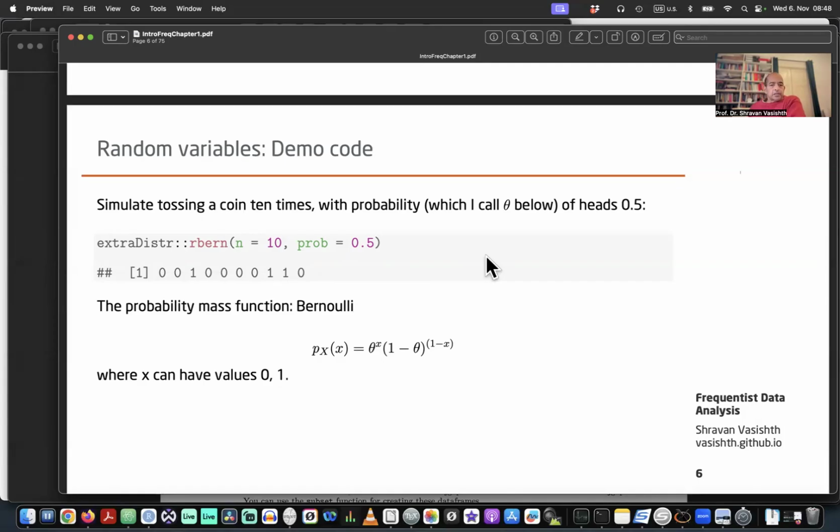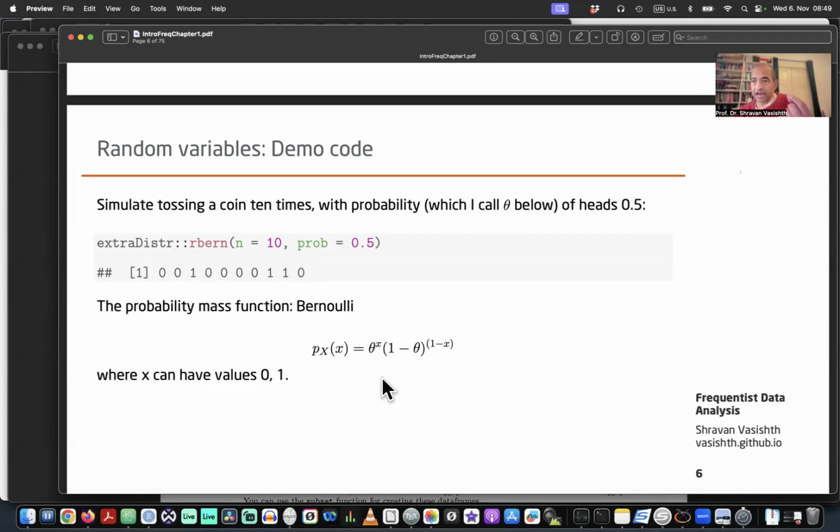Okay? And so the probability mass function that will give me the probability of success in every single one of those 10 cases, right, is defined like this. Theta here is the probability of getting a heads, and X is a 1 or 0. Those are the possible things you can have in the support of X in a single trial, right? So this equation is giving me the probability mass function of x equal to 0 or x equal to 1.